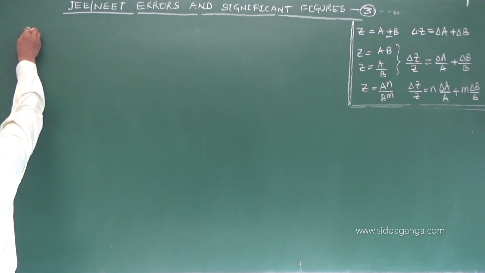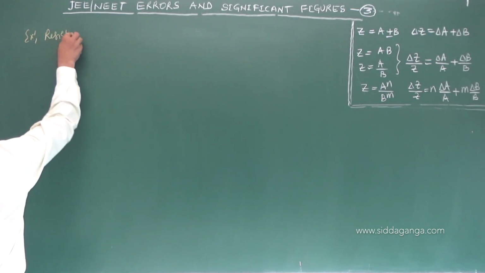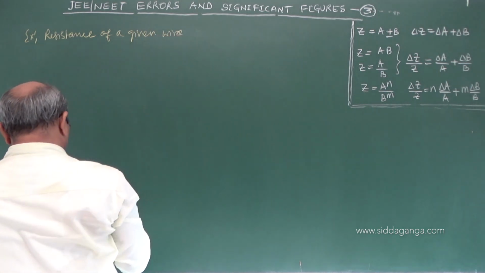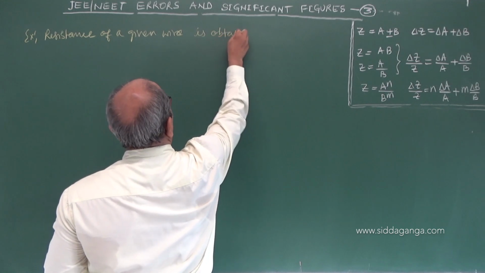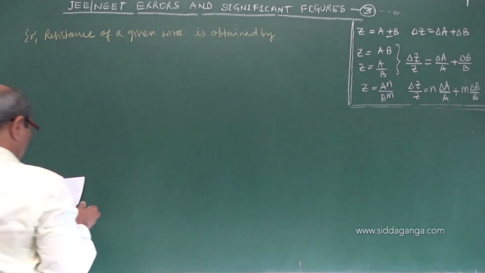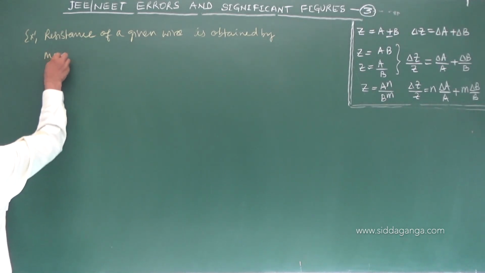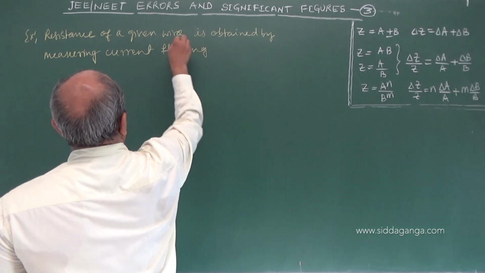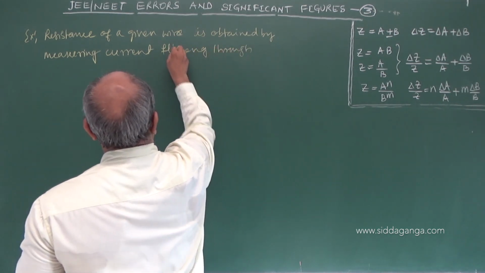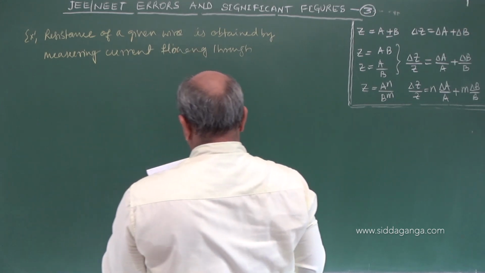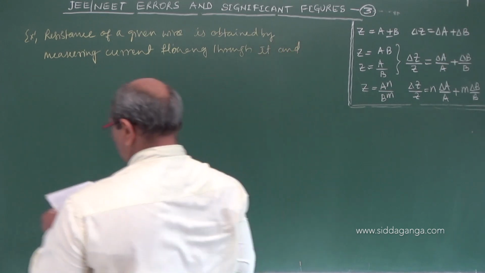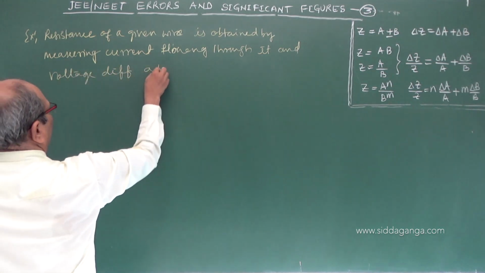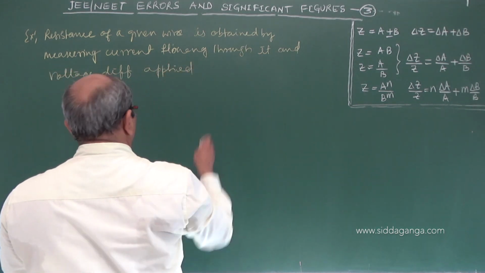So take another. The resistance of a given wire is obtained by measuring the current flowing through it and the voltage difference applied across it.